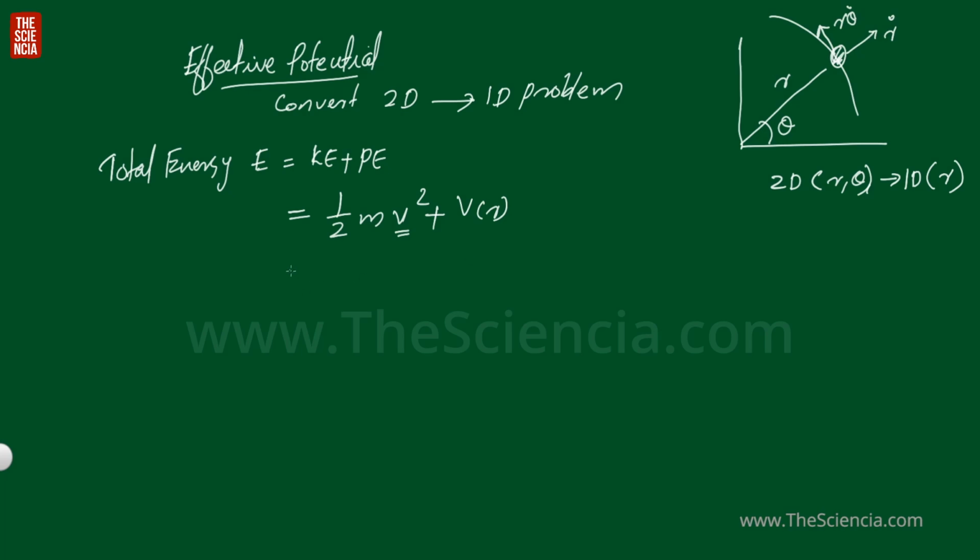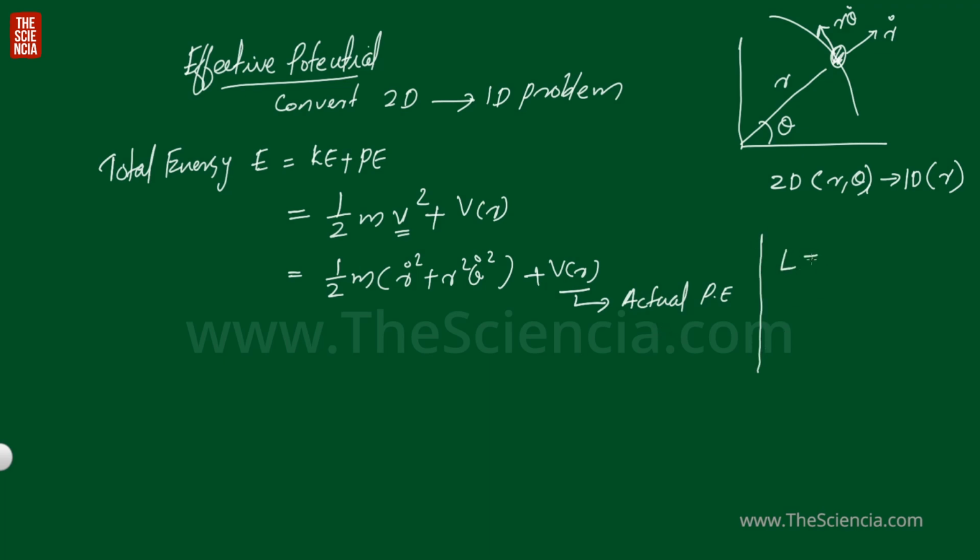Okay, so we get E equal to 1/2 m (ṙ² + r²θ̇²) + V(r), where this V(r) is the actual potential energy. Okay, and we know in a central force motion the angular momentum is conserved and it is equal to m r² θ̇. So we can find out θ̇ is equal to L/(m r²).